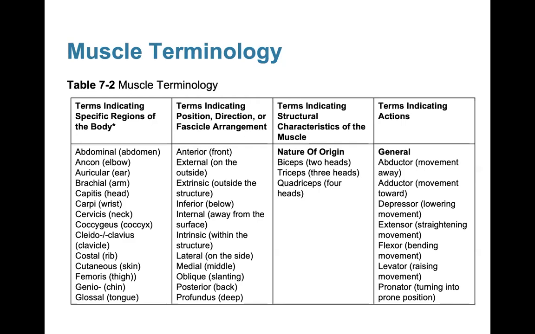Terms indicating position, direction, or fascicle arrangements. Terms indicating structural characteristics, such as how many origins they might have, such as biceps, triceps, quadriceps. And then also terms indicating their action. This is a big one. Abductors, adductors, depressors, extensors, flexors. These will all be part of the names of some of these muscles.